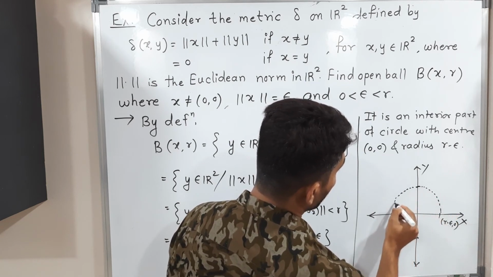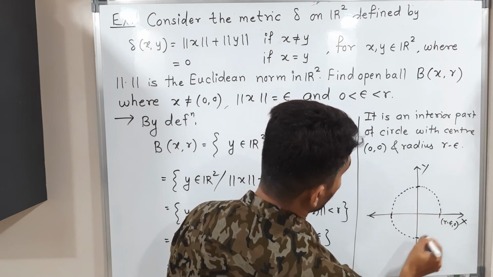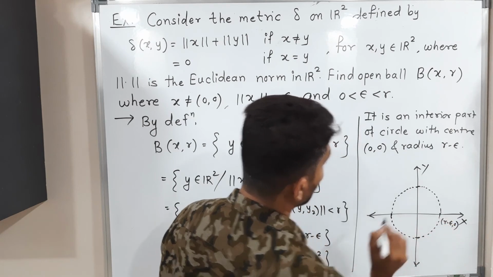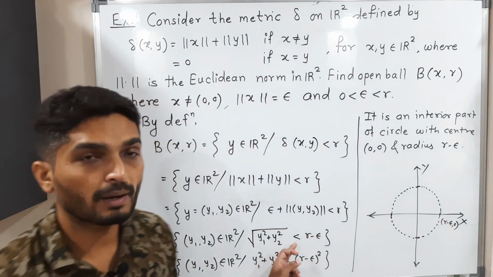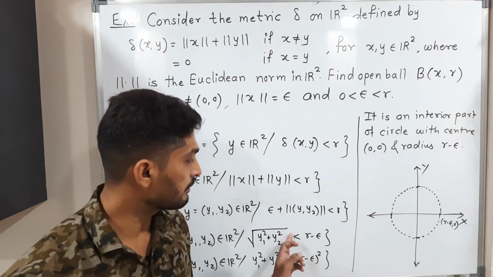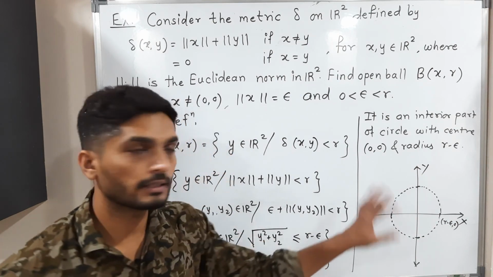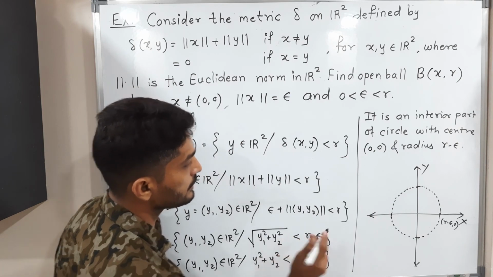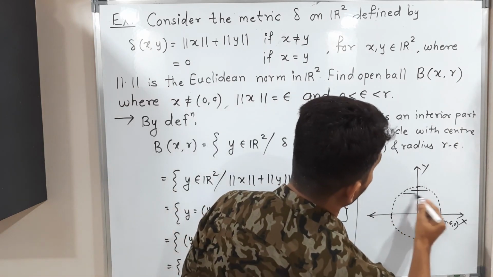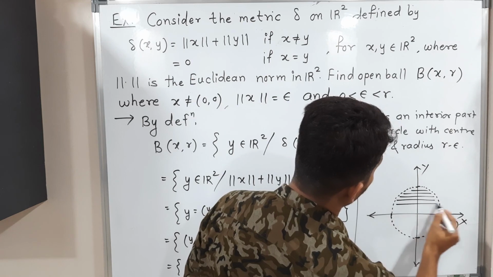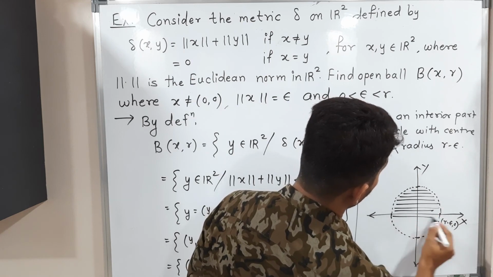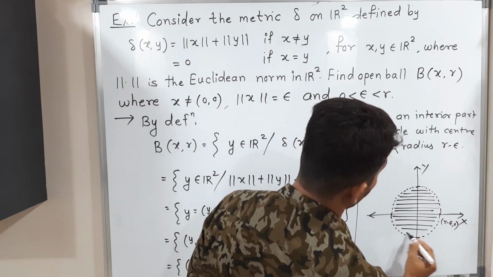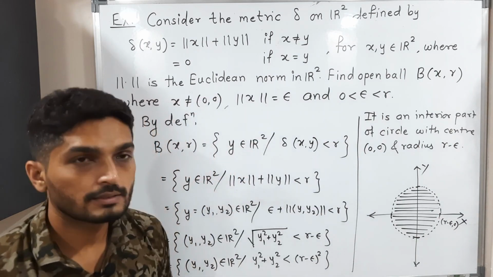It is the interior part of the circle, so that's why I'm drawing a dotted curve, a dotted circle, since it does not contain its boundary, as we have strictly less than. If equality were there, then it would contain its boundary also, but equality is not there. So it is just the interior part of the circle. I will show it in this way. Just a minute. Yeah, that's it. So this is the circle we have.